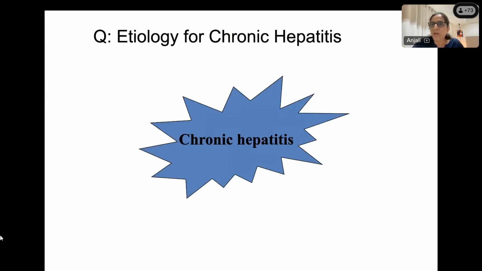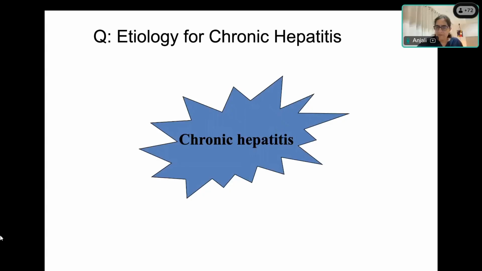So who would like to answer first? Etiology for chronic hepatitis. Hepatitis B, hepatitis C infection. Ma'am, there are viral etiology, hepatitis B, C. Yes. And autoimmune hepatitis, then metabolic diseases like Wilson disease, alpha 1, non-alcoholic fatty liver disease, and then there are drug-induced and alcohol-related.